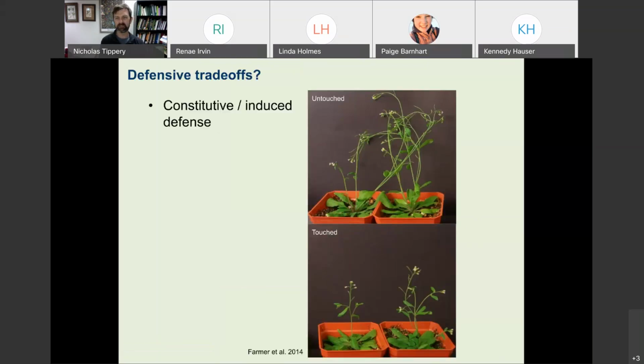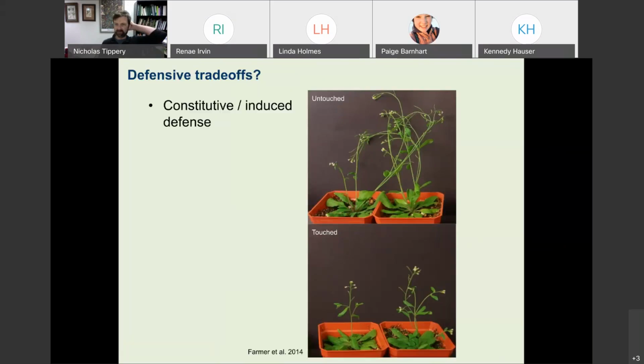So the response there, this jasmonic acid response, is what we call an induced response. There are a couple of ways to live as a plant. You can always defend yourself, or you could defend yourself in response to being attacked.